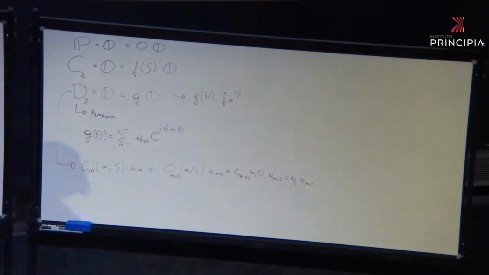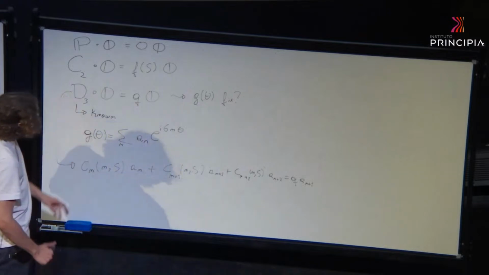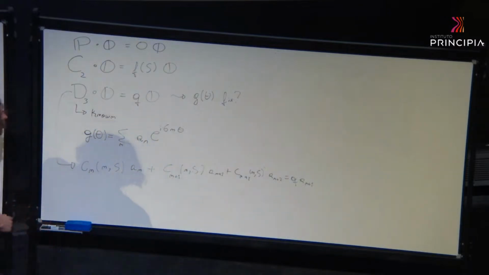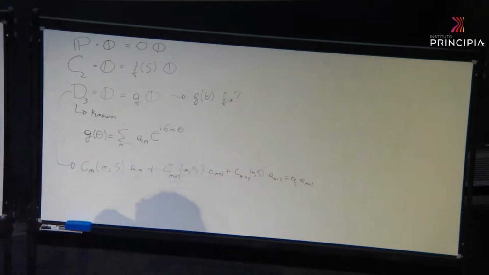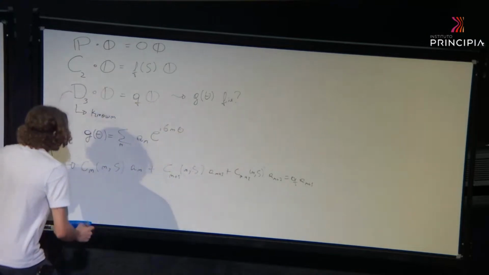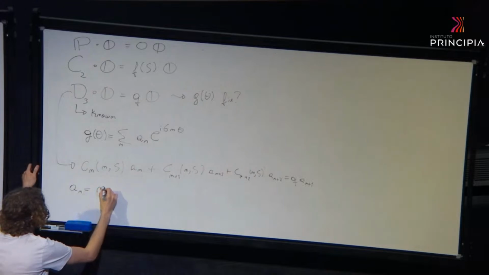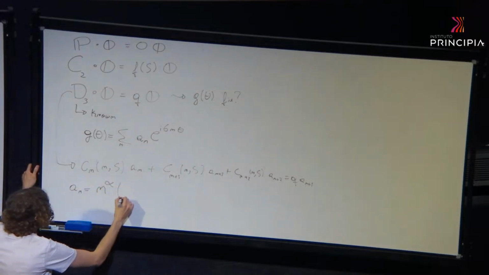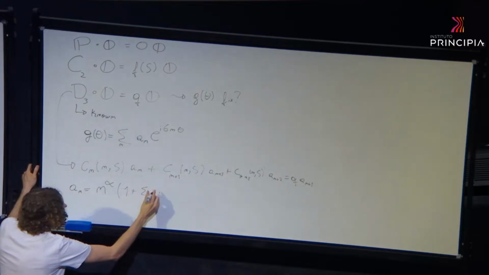So to understand how to fix the light ray operator completely and solve this recursion relation, we need to understand what boundary conditions to impose. So we are invited to analyze this recursion relation at large n, so at large Fourier modes. For that, we assume an asymptotic expansion for a_n, which is a form of our series, so it's n to the alpha times 1 plus some sum of d_i over n to the i.